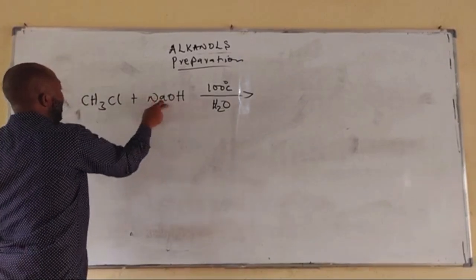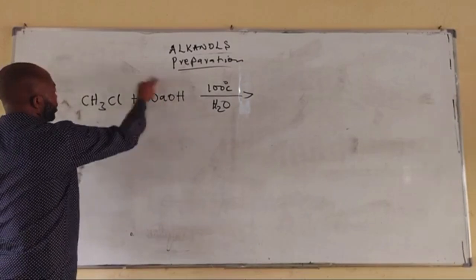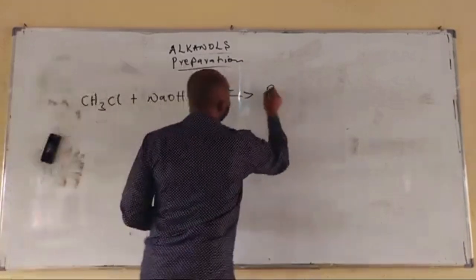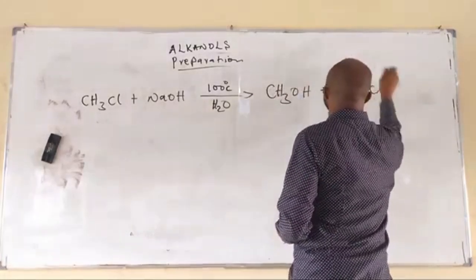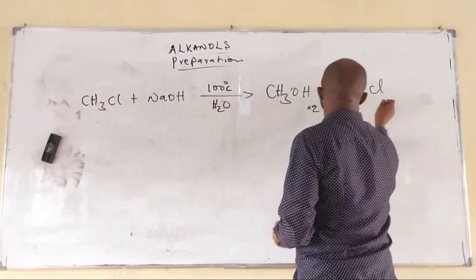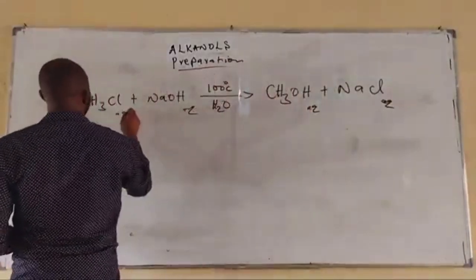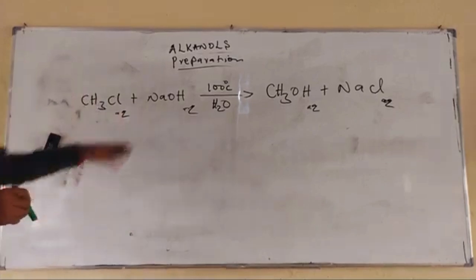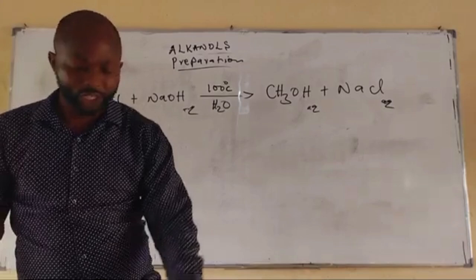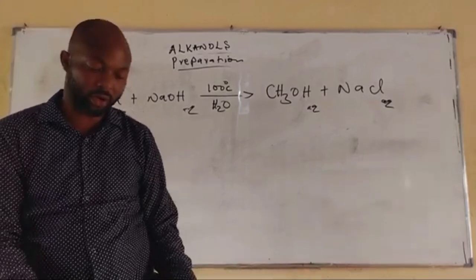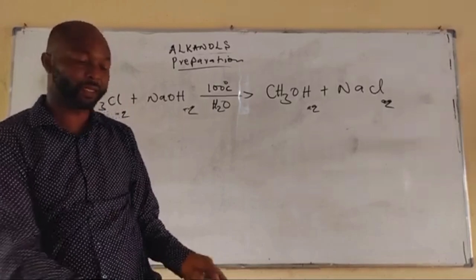The Na, the metal, will take out the chlorine to give us sodium chloride, and the OH will replace it. So we now have CH3OH plus sodium chloride, aqueous. So with that, we've been able to produce our methanol, which is our first method of preparing alkanol, say alkaline hydrolysis of haloalkanes.